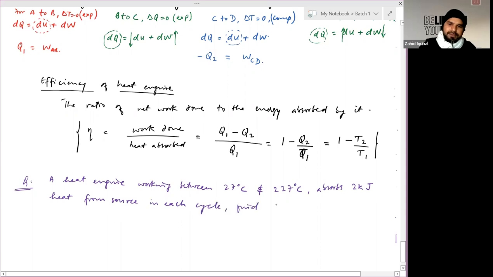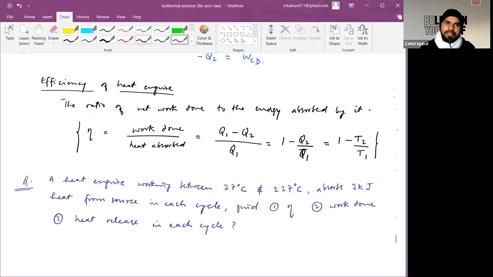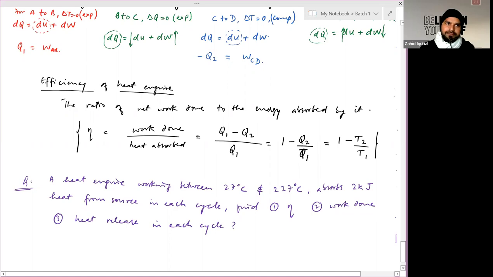Find first the efficiency, second the work done, and third the heat released in each cycle. First, convert the temperatures into Kelvin, then use the above formula to find these different terms. Try to solve.